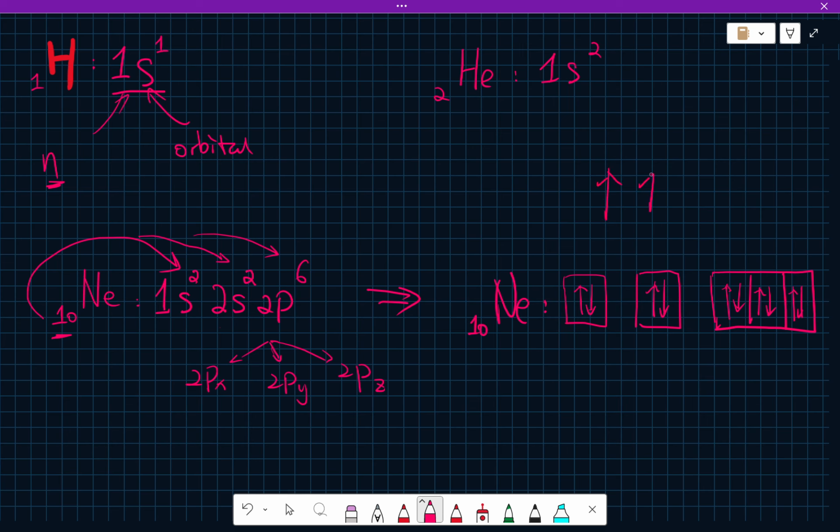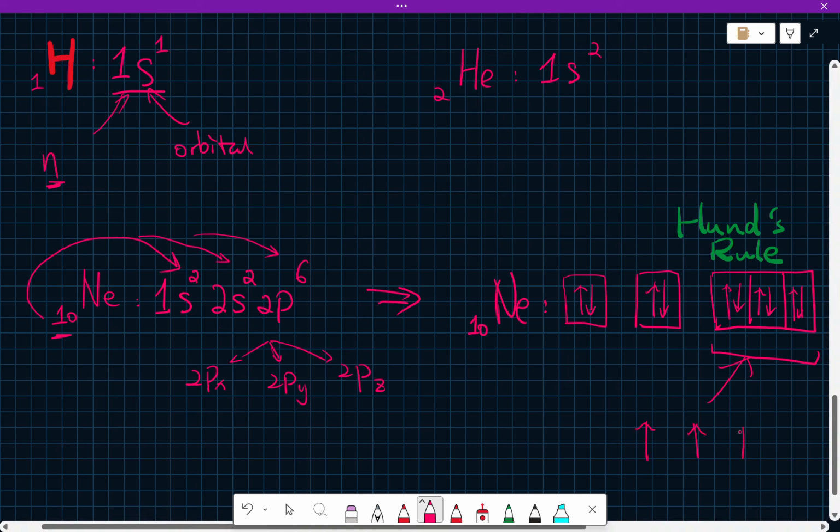I'm writing 3 up arrows first and 3 down arrows next. And this rule is called Hund's rule. Hund's rule says, in order to successfully fill in all the electrons for an orbital, we need to fill all the up ones first and then the down ones.